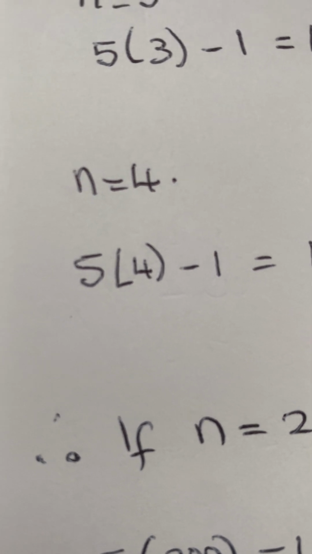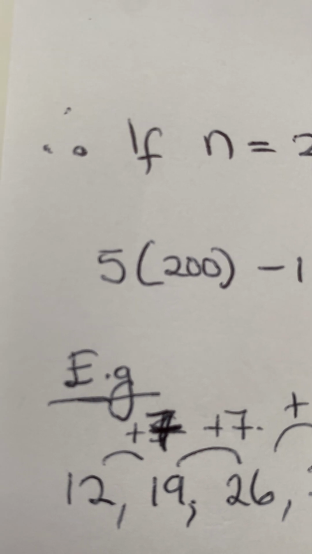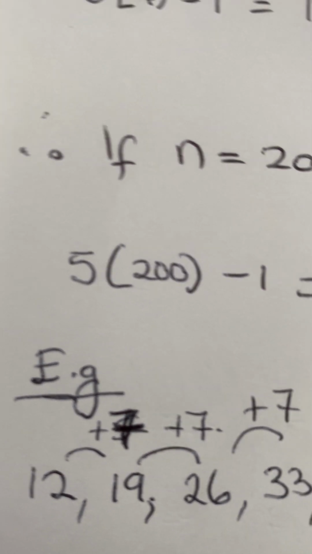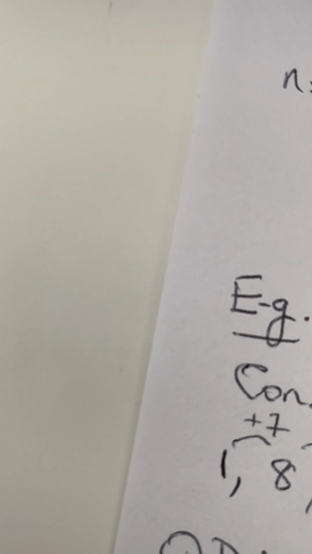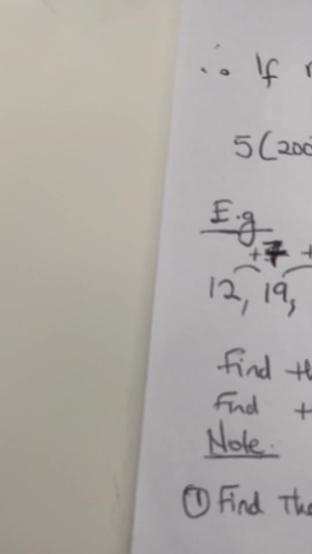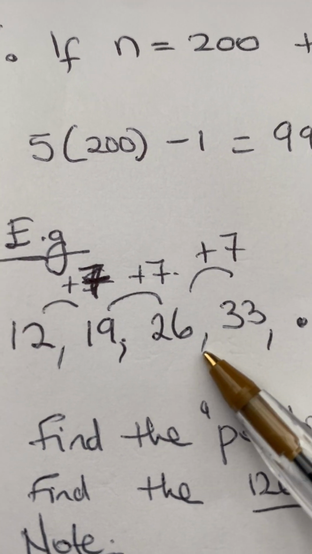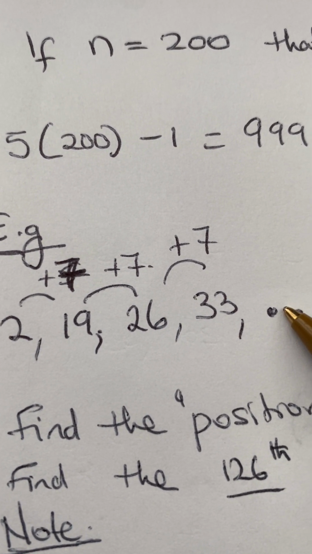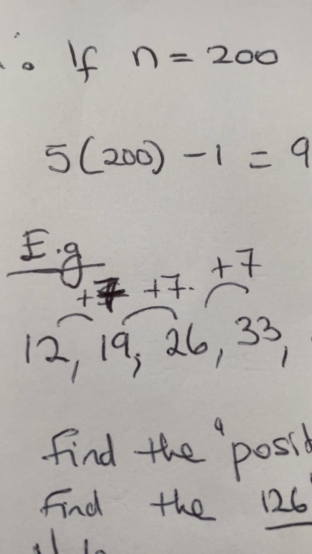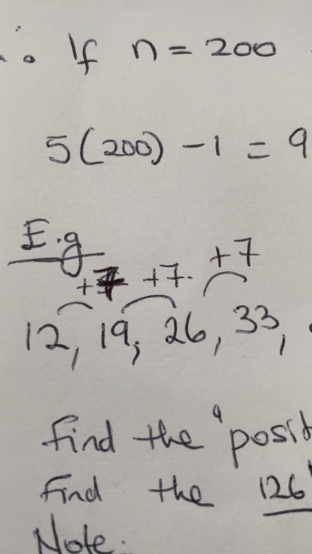So we have plus 7. What will be the third one we have here? Sorry. So we have 12, 19, 26, 33, and then it's an increment of 7.